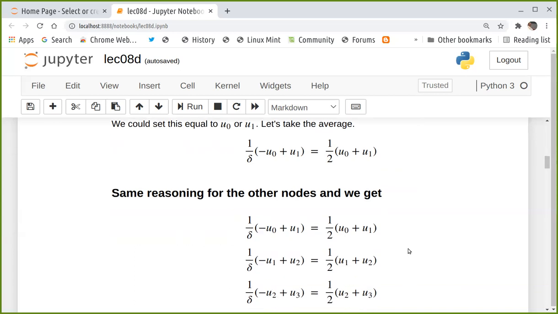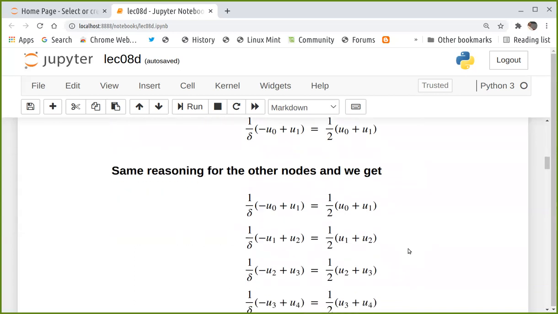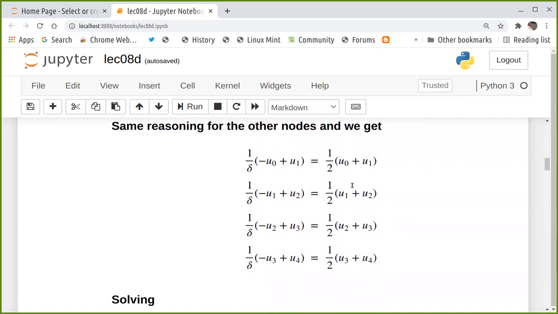Okay, so now this was the estimate. This is a numerical way of writing down approximations to that original differential equation, and you can think of it either as occurring at the point x0 or on the interval from x0 to x1.